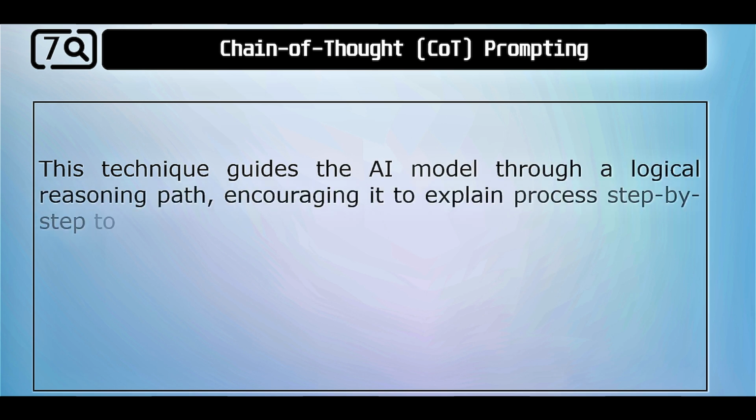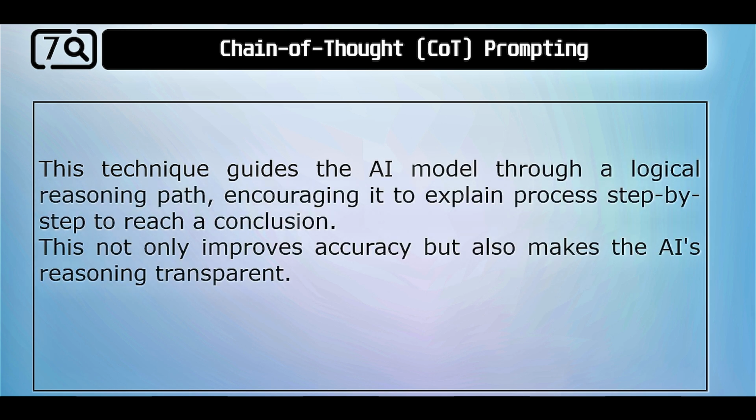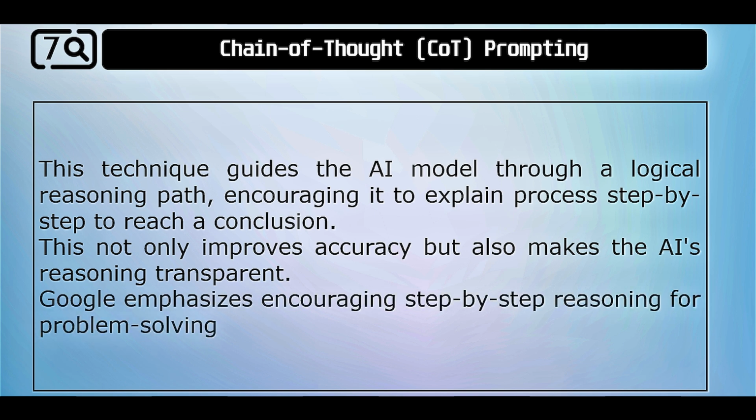For the seventh type, we have the chain of thoughts or CoT prompting. This technique guides the AI model through a logical reasoning path, encouraging it to explain the process step by step to reach a conclusion. Like for example, when we are in a test, the professor will oblige us to give all the intermediate steps that lead to the solution.